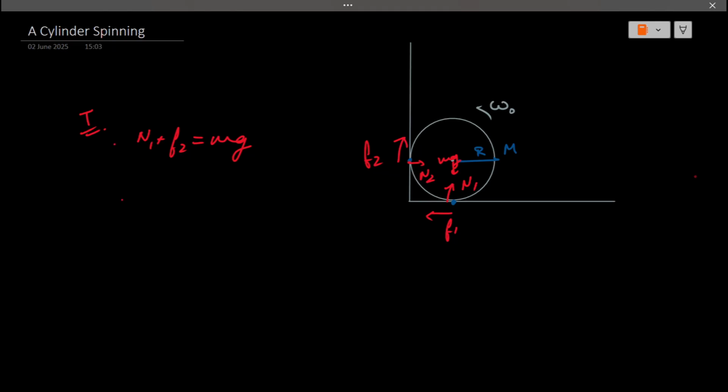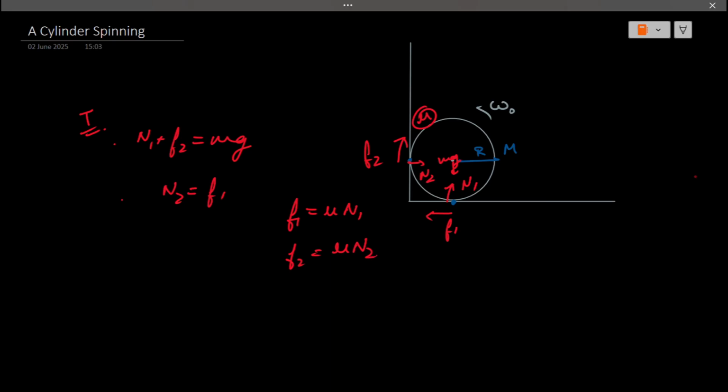And in the horizontal direction we have N2 is equal to F1. Let us call the coefficient of friction mu at both of the surfaces. So we'll have F1 as mu times N1 and F2 as mu times N2, right?